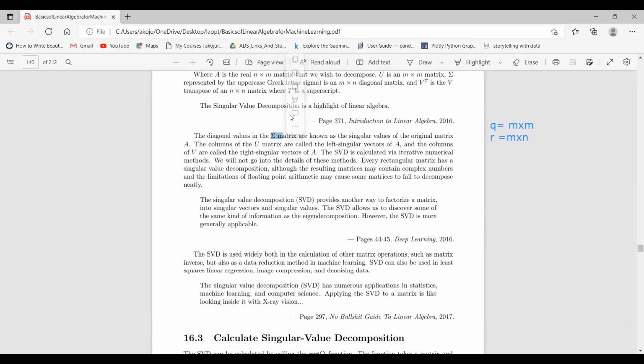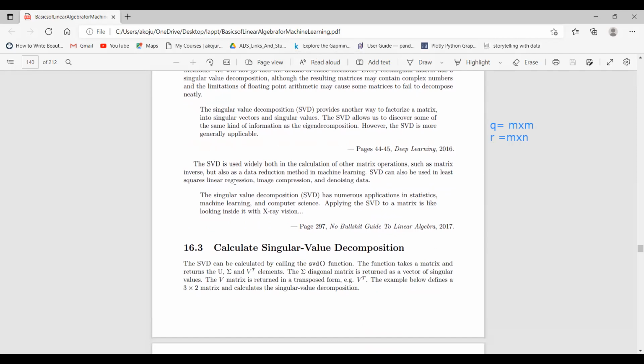Every rectangular matrix has a singular value decomposition, although the resulting matrices may contain complex numbers, and limitations of floating point arithmetic may cause some matrices to fail to decompose neatly.